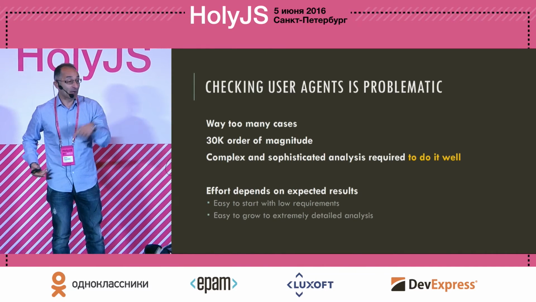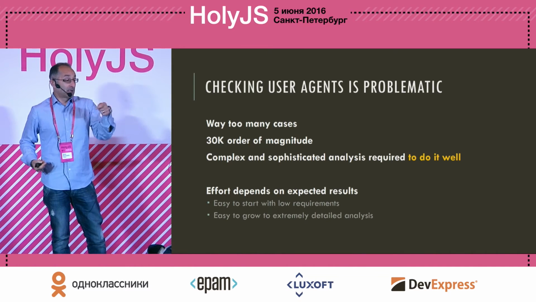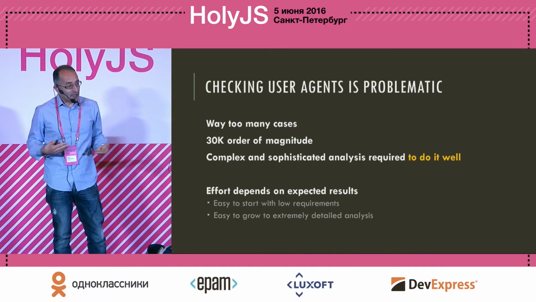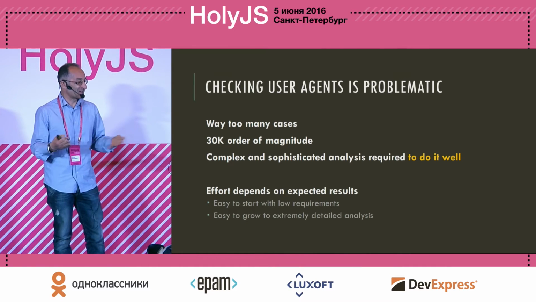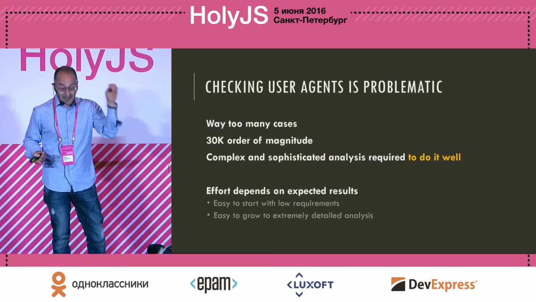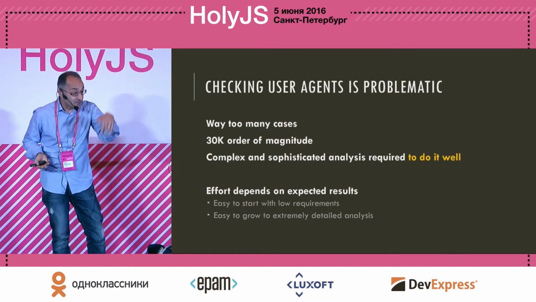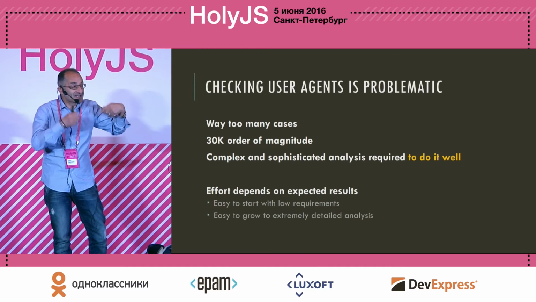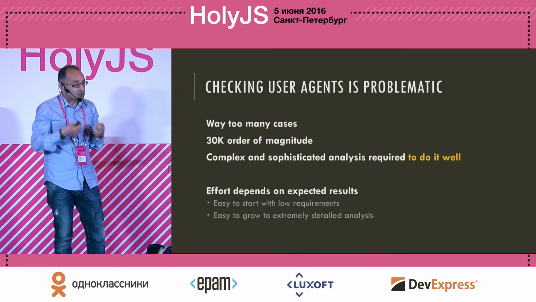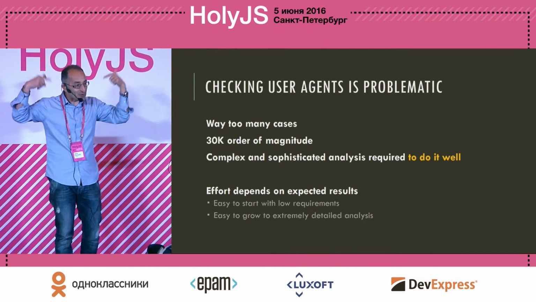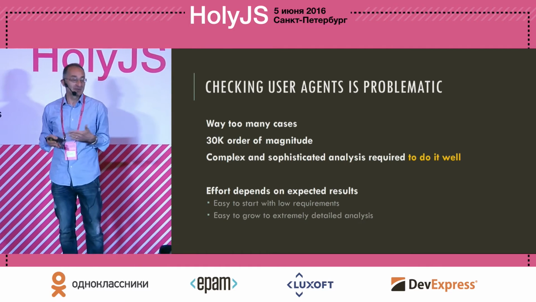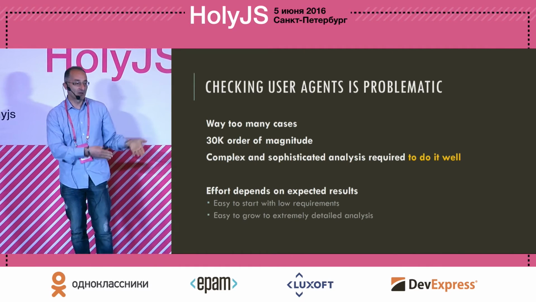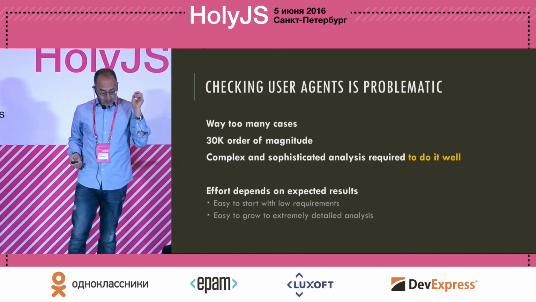But if it's critical, and that depends on the business you run, you cannot simply rely on responsive web design to make this kind of detection, and you cannot do that with feature detection either, because feature detection will simply tell you whether or not there is an API available to play videos, but not the human extra service of telling you, yes, but don't count on that. It's not reliable.